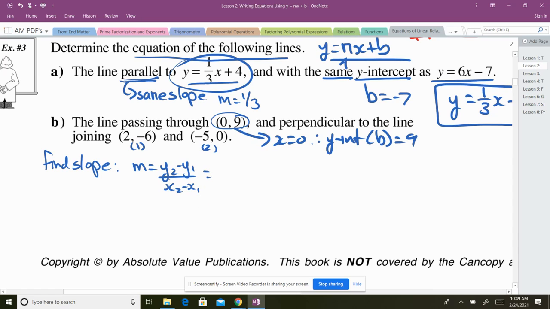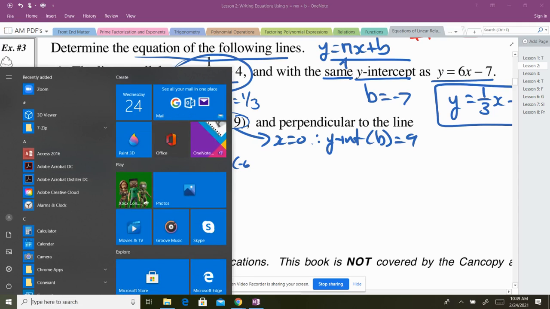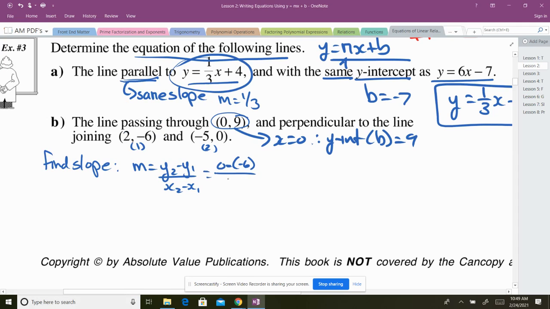So then we go, okay, y2 is 0 minus y1, which is negative 6, over x2, which is negative 5, minus 2. What's 0 minus negative 6? 6. Negative 5 minus 2, negative 7.